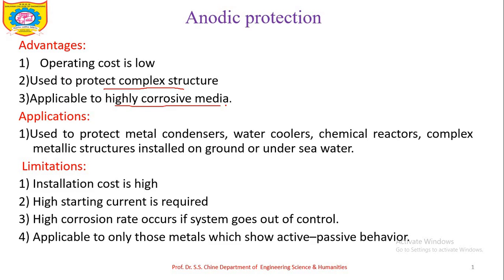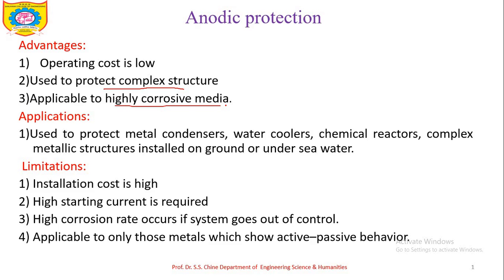So what does it indicate? Suppose there are various metallic tanks which are used to store the chemicals, acids, alkalis, etc. So all other methods fail in the control of corrosion of these tanks, and in that case we can use this anodic protection.